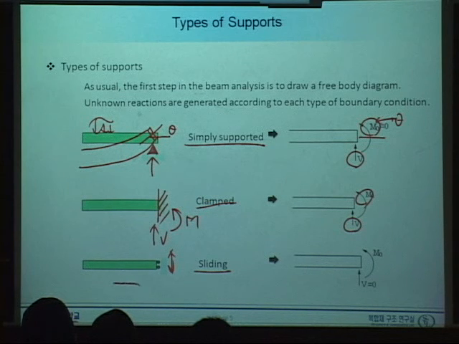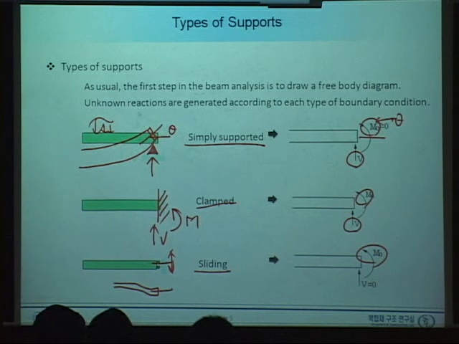So it may deform like that, but this angle is still the same. In this case, the moment should be generated not to have any angle. And vertical force is always zero. But simple support and clamped are the two most important conditions.